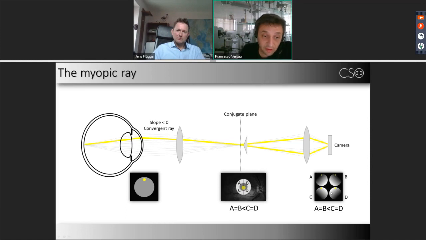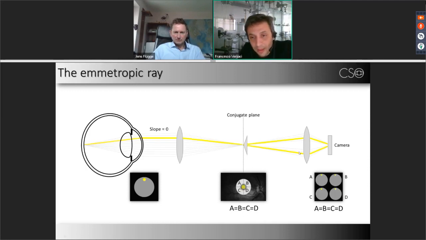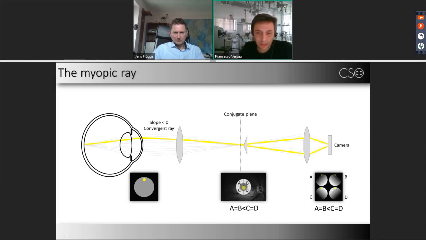But if, on the other hand, we are going to handle a myopic ray, so a ray that is not with slope equal to 0 but is a convergent ray, the conjugate plane is not going to be exactly in the position of the pyramid, but a little bit moved to the left.